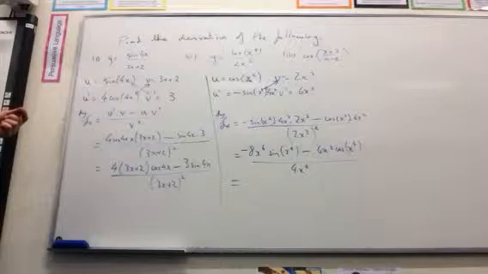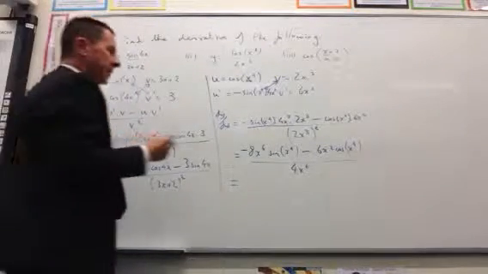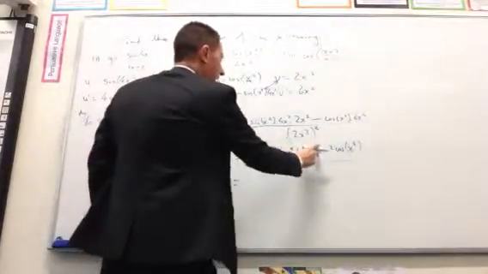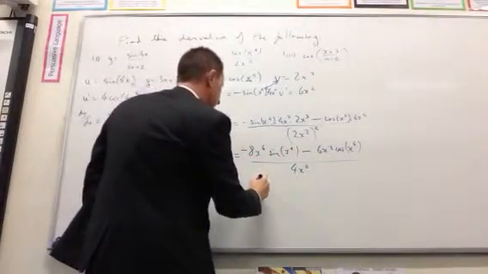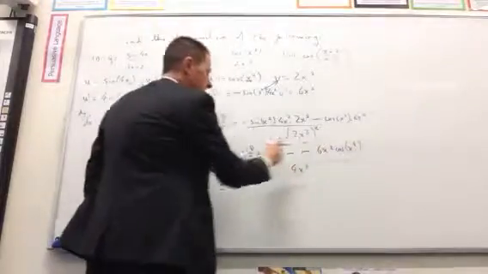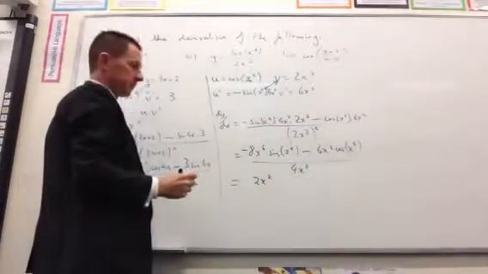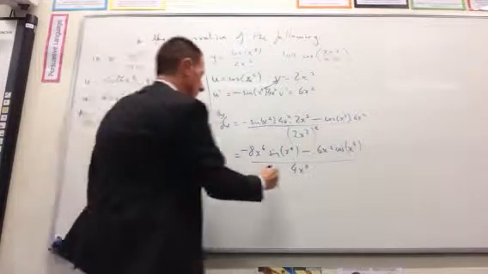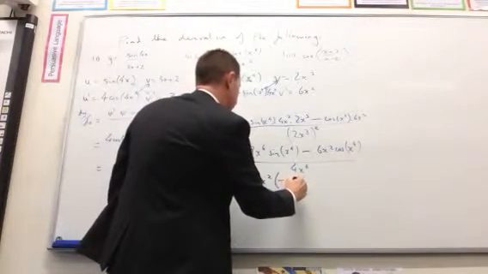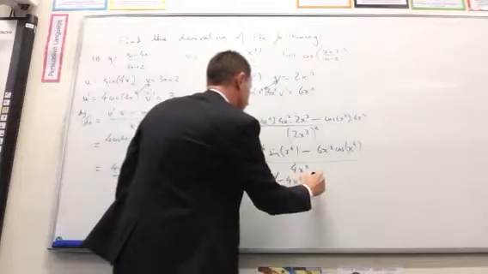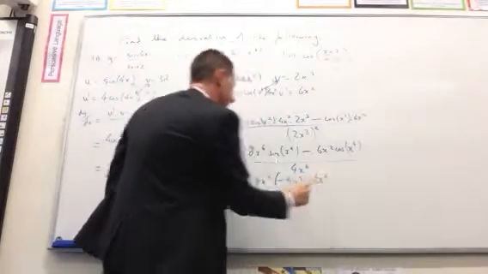Now, we can simplify a little bit. Common factor, you got 4, 8 and 6, so I can take out a 2. I've got an x squared and an x6, so I can take out x squared. Yeah? Left with negative 4x4 sine x4.